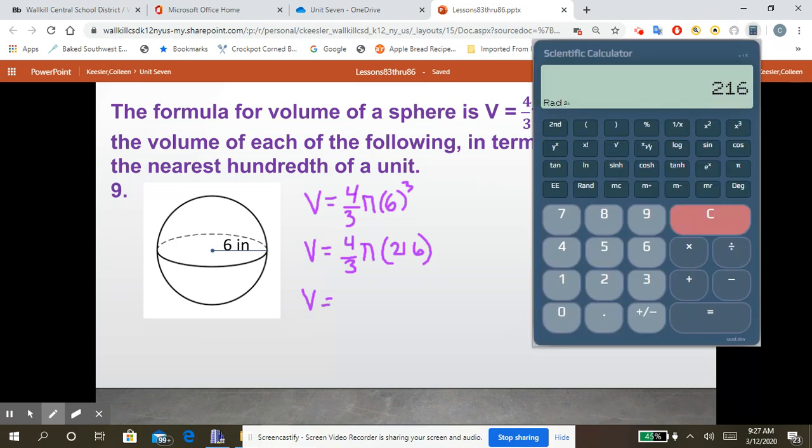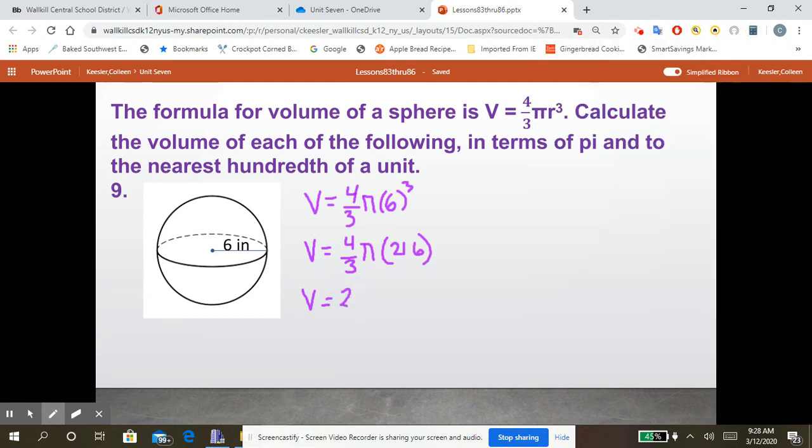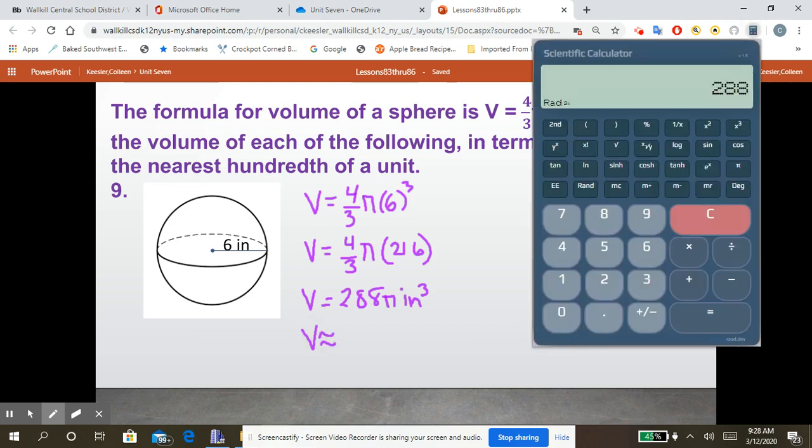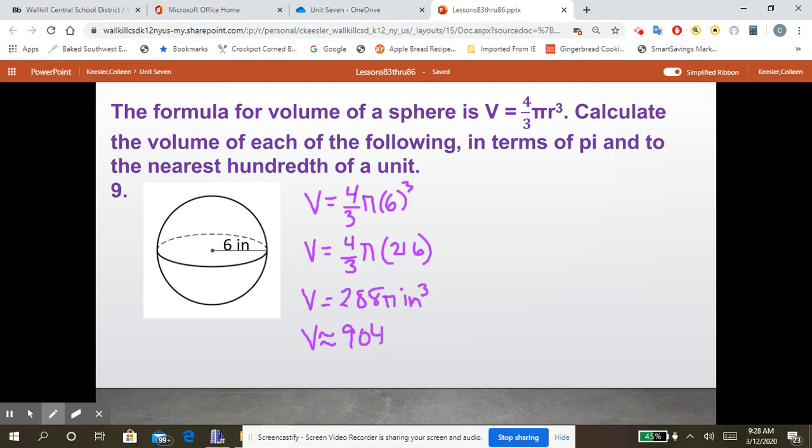So we can do 216 divided by 3 times 4, and we get 288 pi inches cubed. Now we multiply by pi, and we're going to round to the nearest hundredth, so it's going to be approximately 904.78 inches cubed for this sphere.